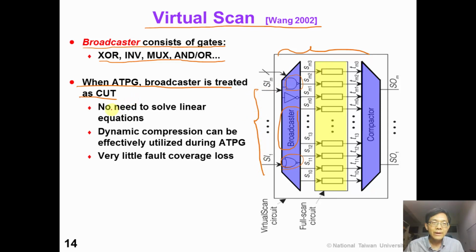There are three advantages of doing this. First, we don't need to solve any linear equation. Second, we can use dynamic test compression to effectively reduce the test pattern count. And third, according to Dr. Wang's experiment, the fault coverage loss is very little.